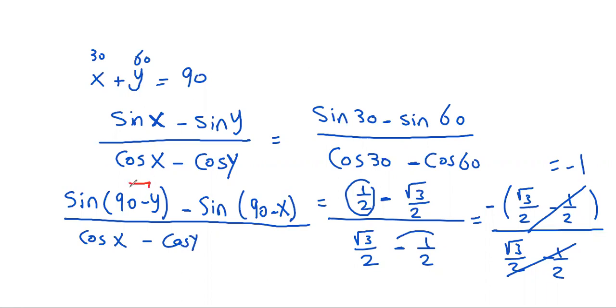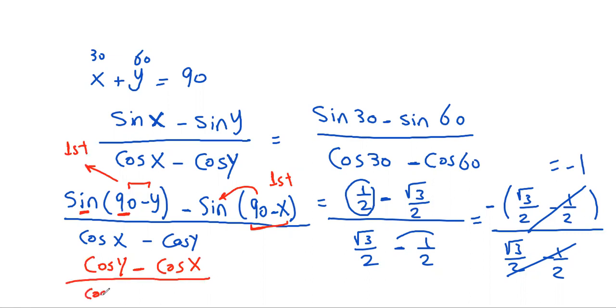Are you with me? Sine(90 minus y) lies in the first quadrant, and the sign is positive, but this 90 changes sine to cosine. So it will be cosine y. Minus sine(90 minus x), also in the first quadrant, where sine is positive, but this 90 changes sine to cosine. It will be cosine x, over cosine x minus cosine y.